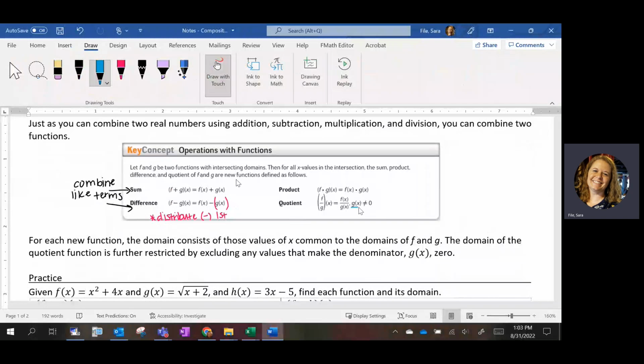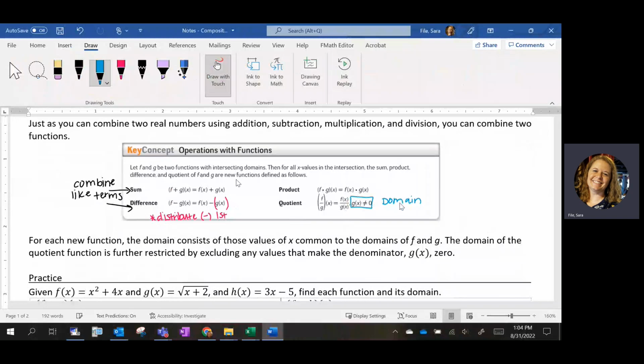This piece right here, g of x, cannot be 0. Why is that? It's in the denominator and you can't divide by 0. So there has to be a restriction in the domain to account for that denominator.